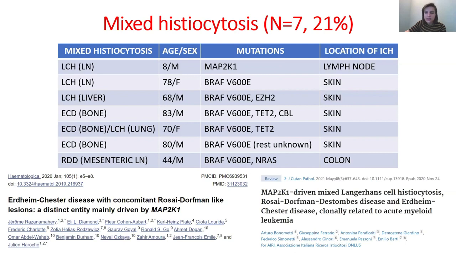So obviously there is a common association and a possible relationship between indeterminate dendritic cell histiocytosis and Erdheim-Chester disease, as well as Langerhans cell histiocytosis, which we still don't understand well. But in mixed histiocytosis cases, IDCH appear to frequently contain a BRAF V600E mutation rather than KRAS or other mutations.